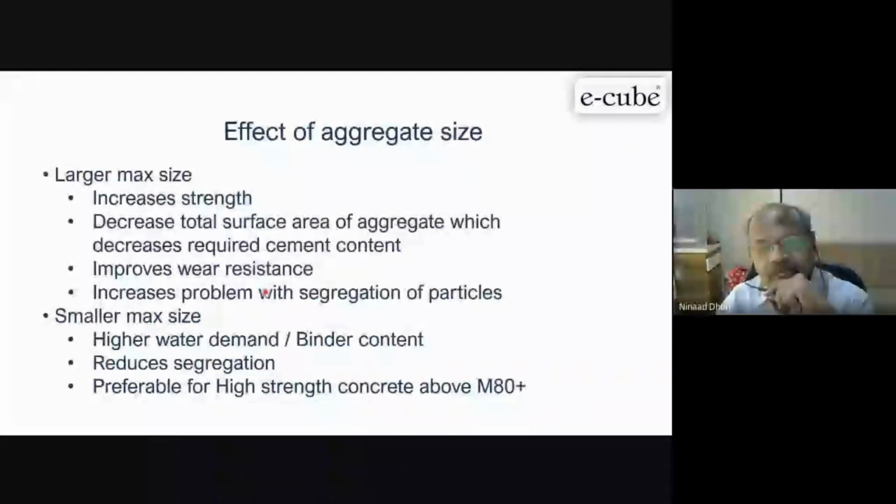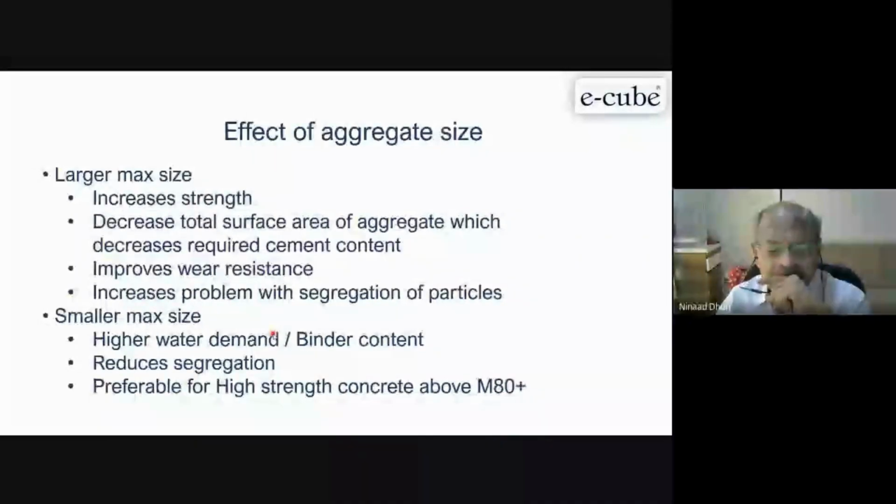So as a concrete technologist, your aim is to have coarser proportions as far as possible without losing this. You should not have segregation and also you should not lose it. So that is basically the skill of the engineer, who can decide how to go about the proportioning of 10 mm, 20 mm and sand.